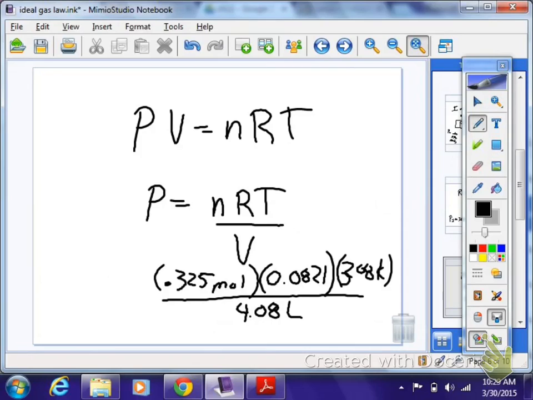I didn't write the units in there. You don't have to either. The temperature is in Kelvin, 308, and the volume is 4.08 liters. It has to be in liters. You'll have some problems that give it to you in milliliters, and you have to get it in liters, because if you don't, this answer would be 1,000 off. So this answer is 2 atmospheres, I think.